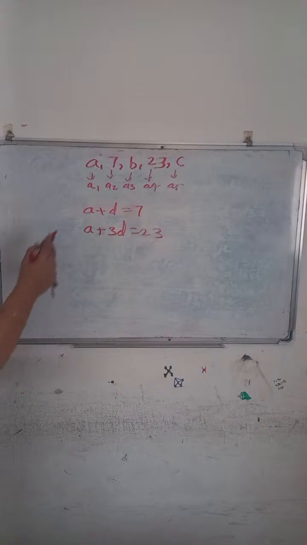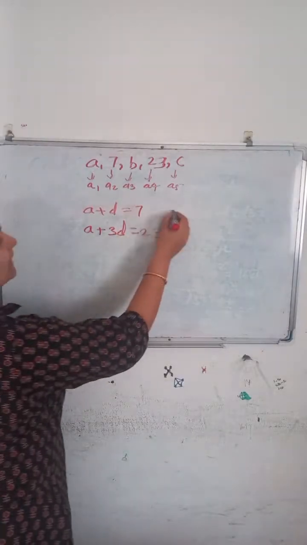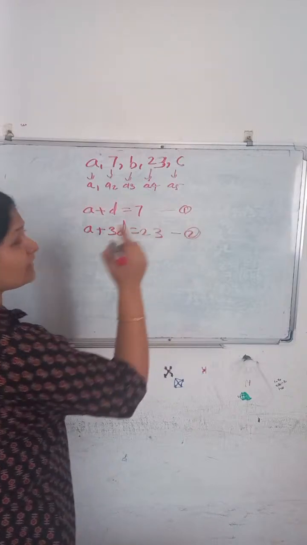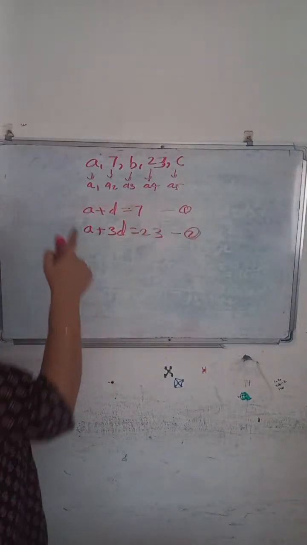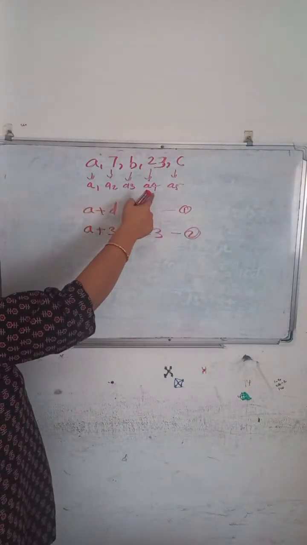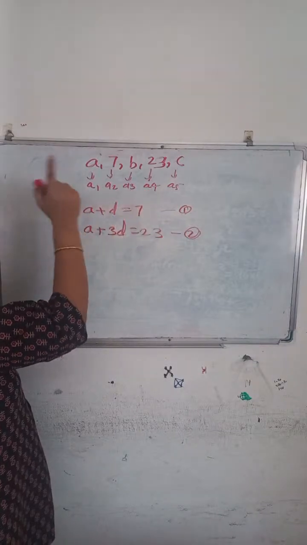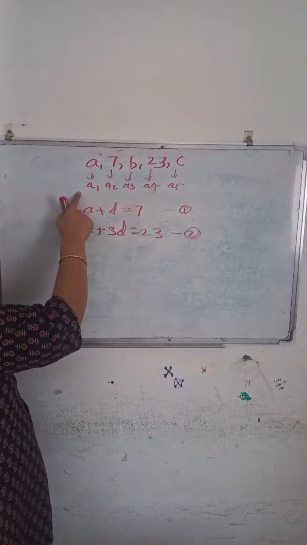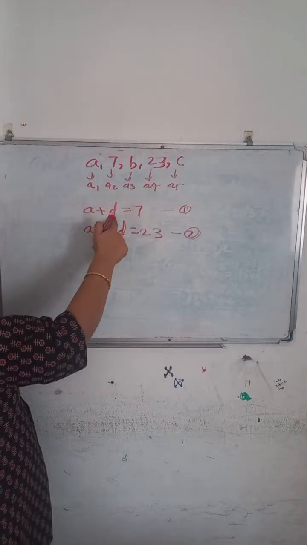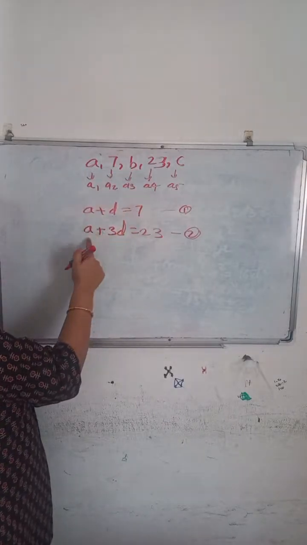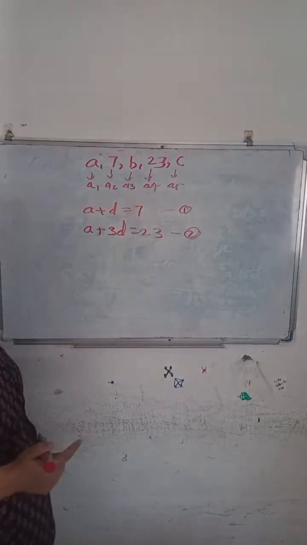And if I add 1 time the common difference, I get the second term, that is 7. So I got these two equations. What is important is how I get the second term and the fourth term: by adding one time the common difference to the first term I get the second term, and by adding three times the common difference to the first term I get the fourth term.